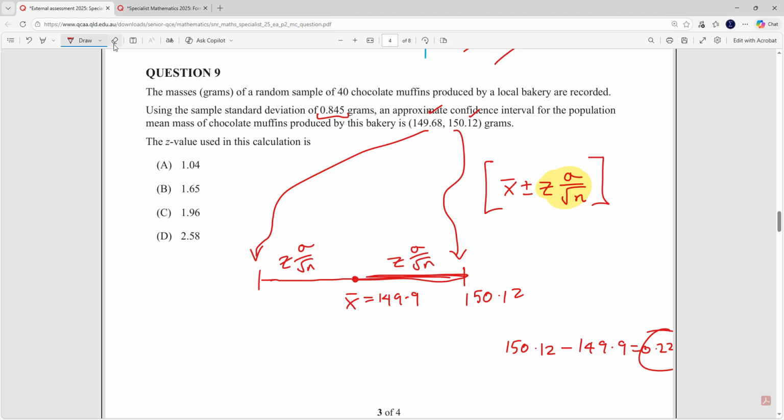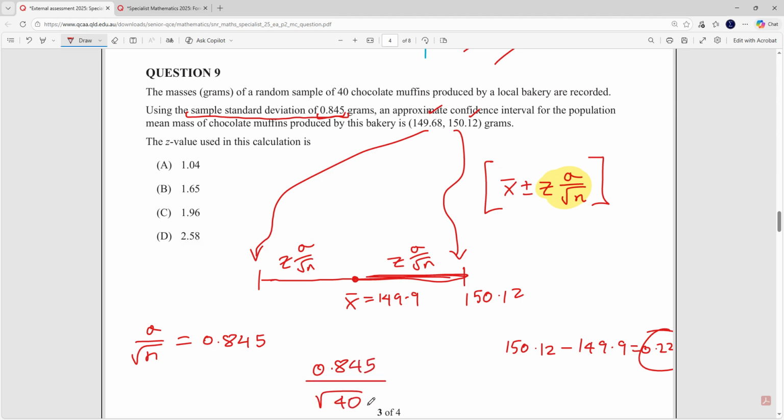Now, in this particular situation, this is the wording I would base it off. They've said sample standard deviation, so the sample standard deviation itself is equal to 0.845. A lot of people would go 0.845 divided by the square root of 40.